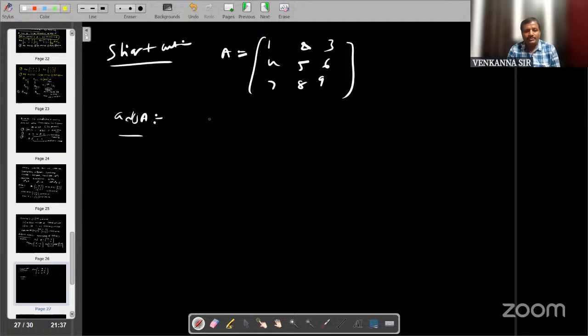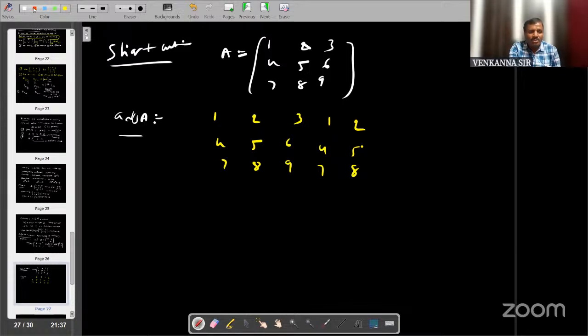Write 1, 2, 3, 4, 5, 6, 7, 8, 9 as it is, and these two columns repeat as it is: 1, 4, 7. As you do for the determinant shortcut, these two are repeated. And after that these two rows repeat.